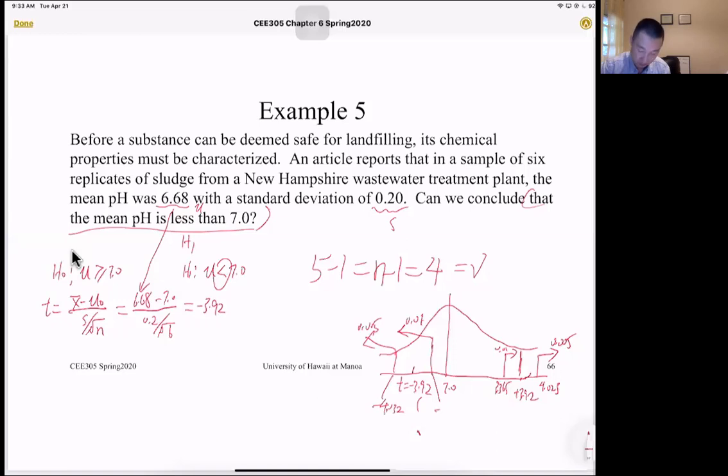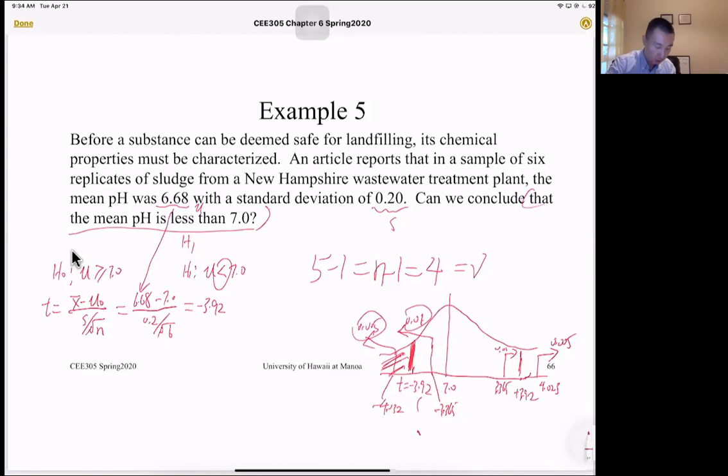Here it is. So the t-value of minus 3.92 will be these areas, which is between 0.005 and 0.01.